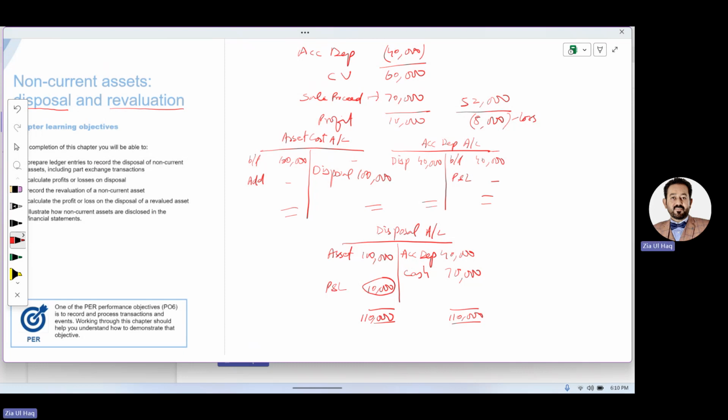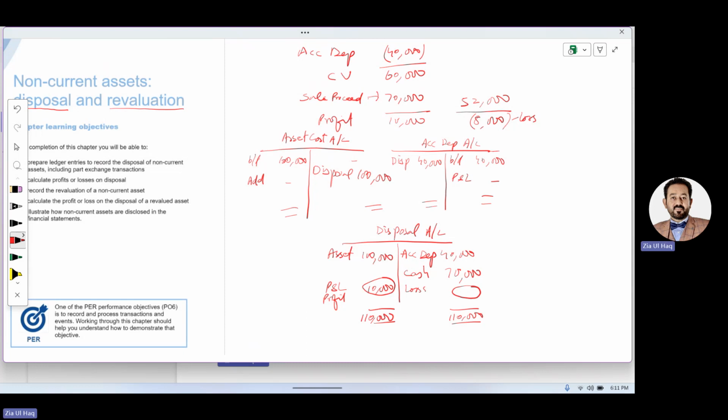If the disposal account is debited, the profit and loss account is credited. Is it income or expense? It's income, so we will call it profit on disposal. If the balancing figure comes on the credit side, we will call it loss on disposal.